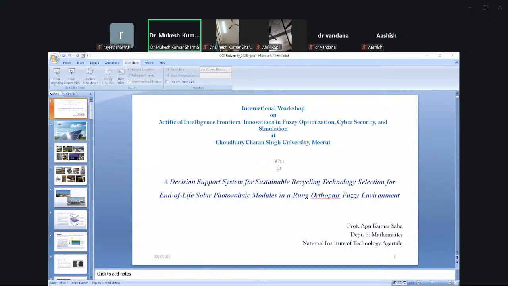Now we are coming to mathematical modeling. Many of you know about MCDM, multi-criteria decision making. What do we need there? First you have to have a goal, then there should be some criteria, then alternatives.